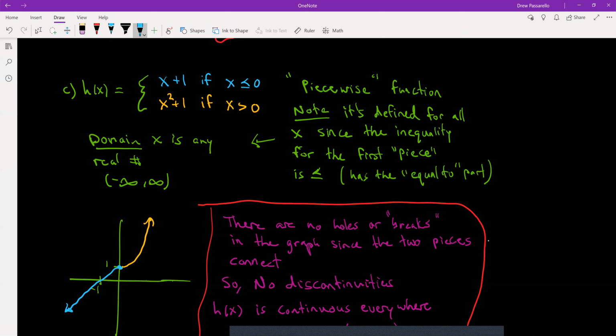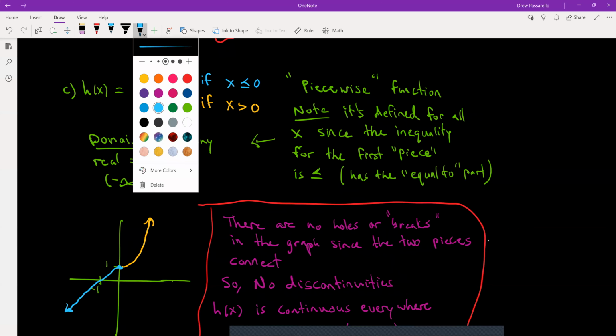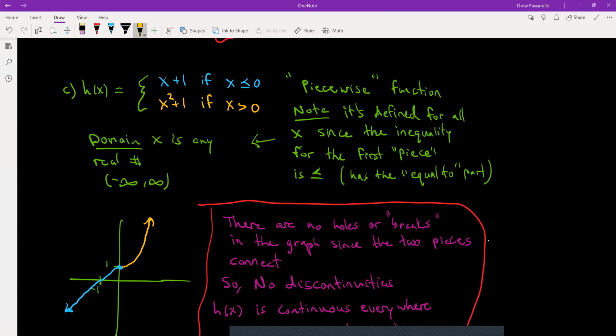For the gold piece, it technically would be a hole, but it's still enclosed for the entirety of the function, since the blue piece has the point included. And so it's this parabola type of shape for the second piece of the function. Considering the two pieces together, it makes the whole graph connected.